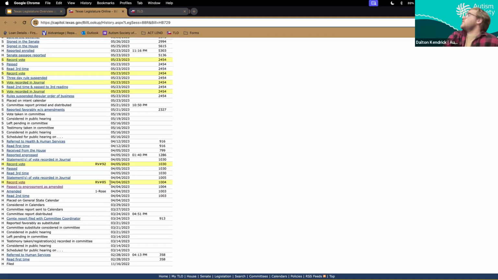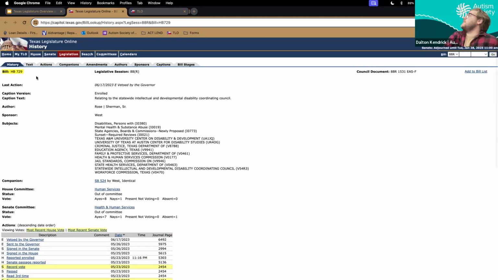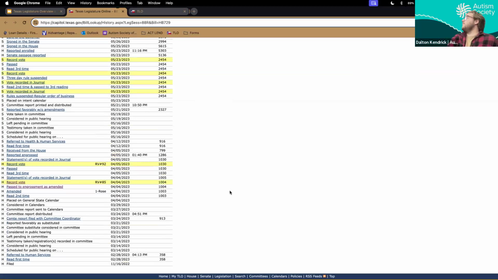Okay, perfect. Yeah. So this is HB 729. It would have established an intellectual and developmental disability coordinating council. This was filed 2023 during the 89th legislative session. But what I like about this one is that it's a great example of how much has to happen for this bill to pass. So if you look all the way here at the bottom, it was filed, then it was read.